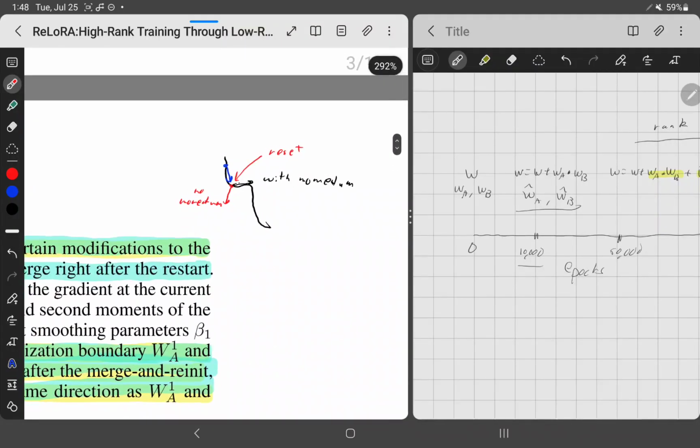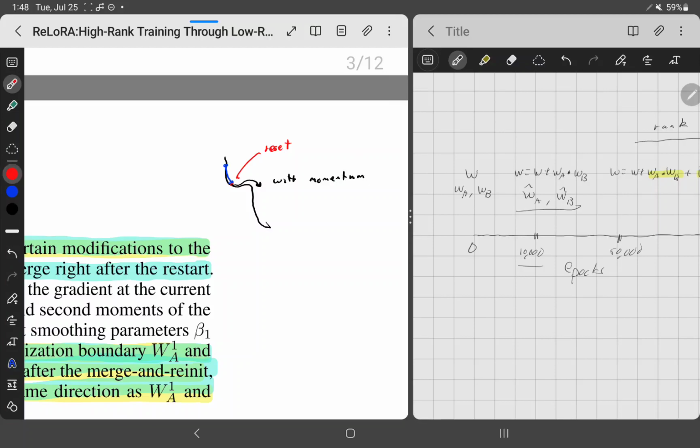So if I have this kind of hill right here, let me erase some of these. So if I kind of have this hill right here, and I start going down, and then I stop here and I do a reset, then let's say I kept my momentum, then I would continue going over this slope here. So this is with momentum.